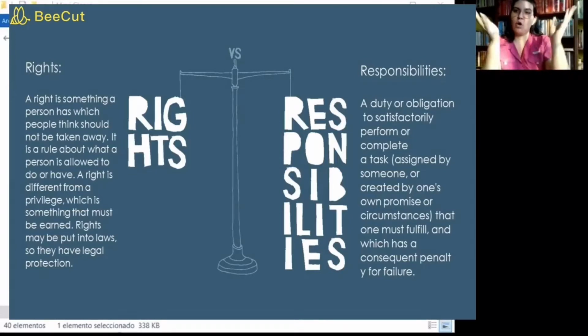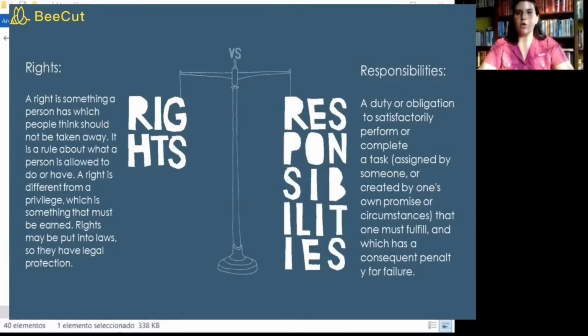For example, when we were kids, our responsibilities were to study, brush our teeth, and eat all the food. Those are responsibilities. When we grow up, the responsibilities change. Those things start to be part of our life and the responsibilities are bigger.